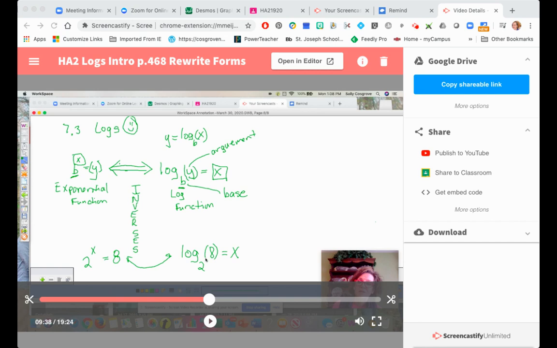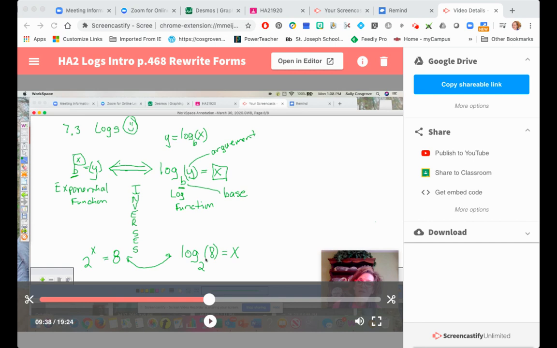How about that? All right. So log base 3 of 81 equals y. So what did we do? We rewrote it. 3 to the y equals 81. We use our property of equality for exponentials that says if my bases are the same, I can set my exponents equal to each other and solve.